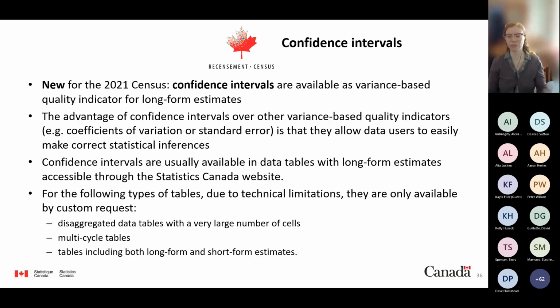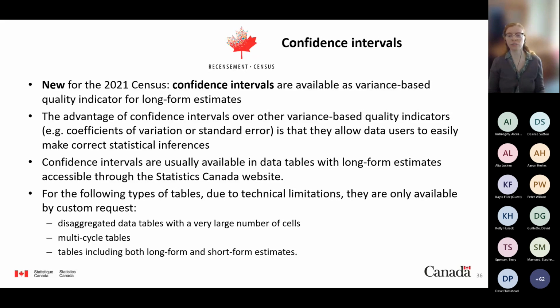So something that's new for the 2021 census is that confidence intervals are available as the variance-based quality indicator for long-form estimates. And the advantage of confidence intervals over other variance-based indicators, and the reason confidence intervals were chosen for the 2021 census, is that they allow users to easily make statistical inferences.